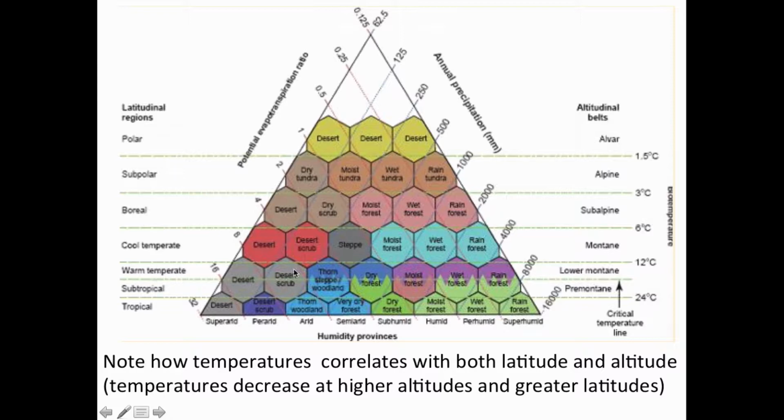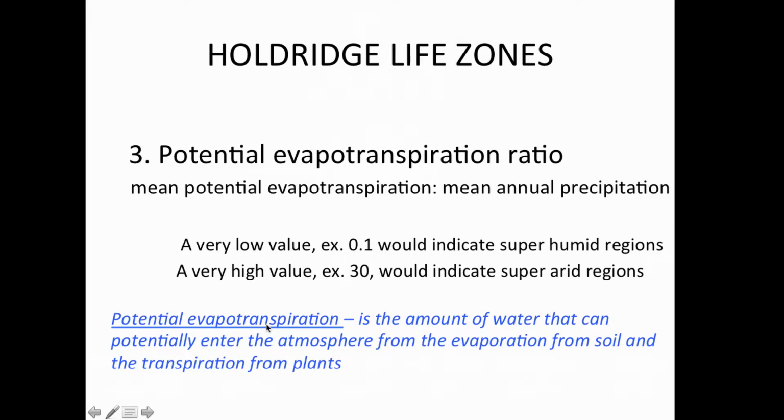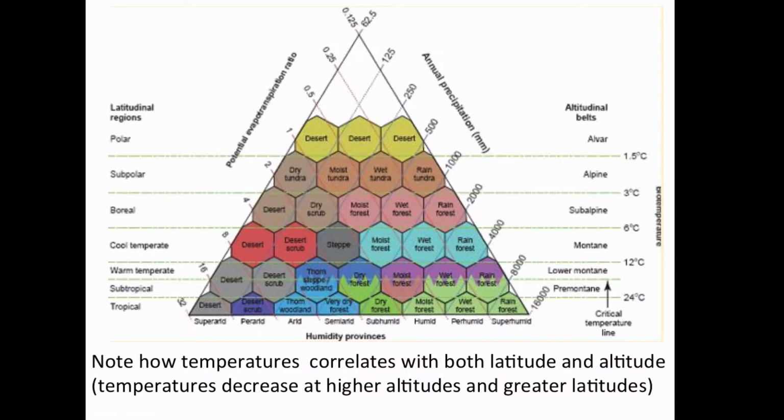And so there's a correlation between the zones of going up a mountain and the zones of going away from the equator. Now, the third side of the triangle on the left side, if you recall, was potential evapotranspiration ratio. And that's what I'd like to talk about in more detail now.